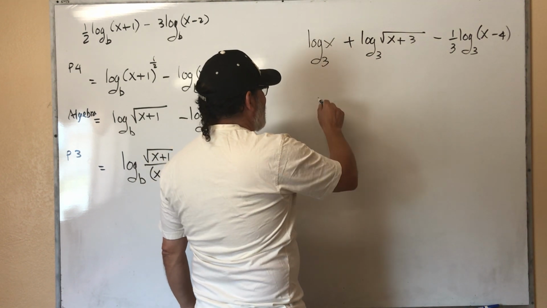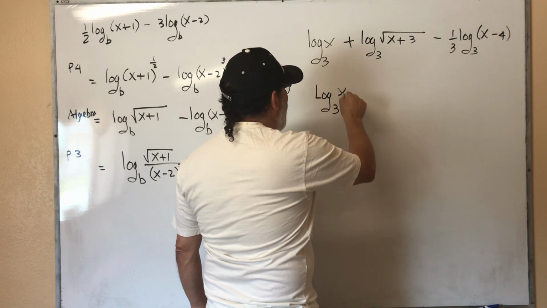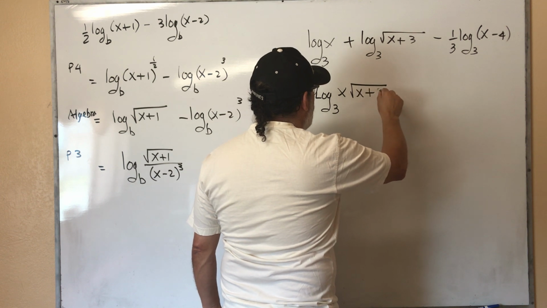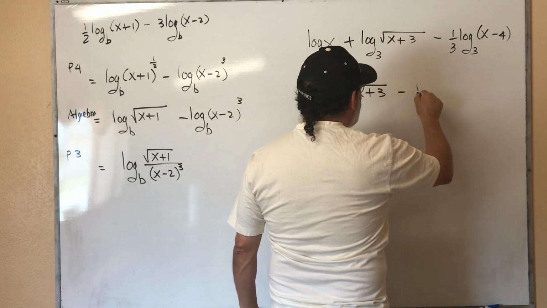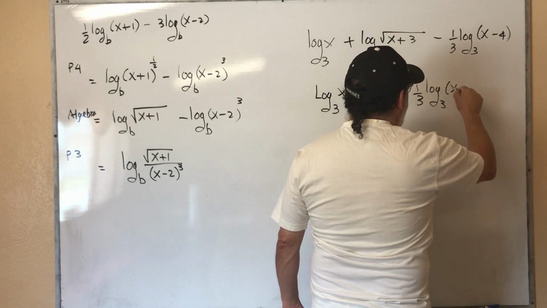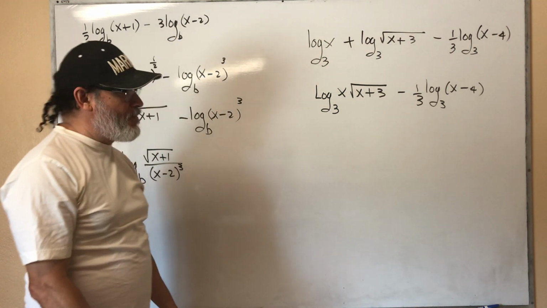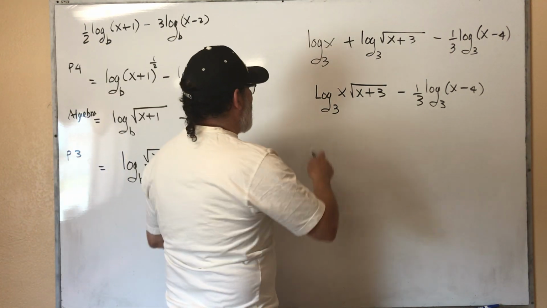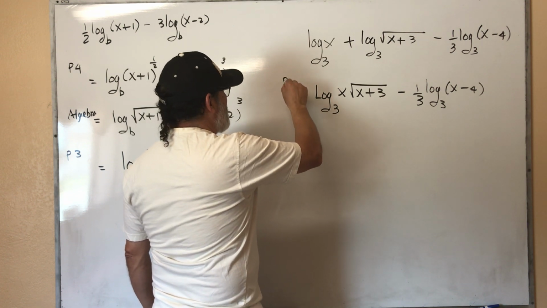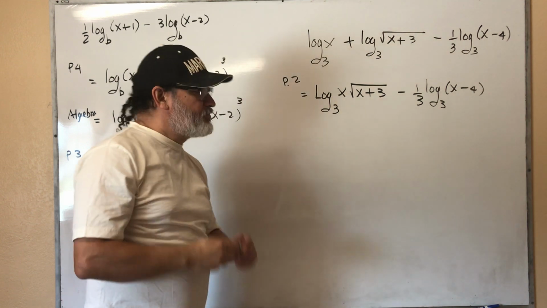So this is log base 3 of x times the square root of x plus 3 minus 1/3 the log base 3 of x minus 4. This is by property number 2.